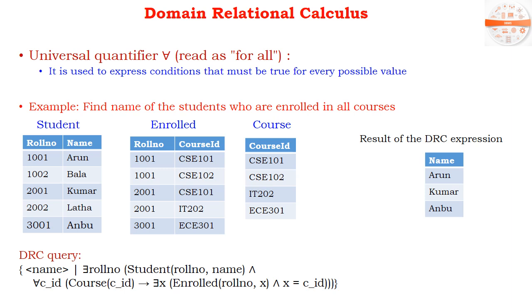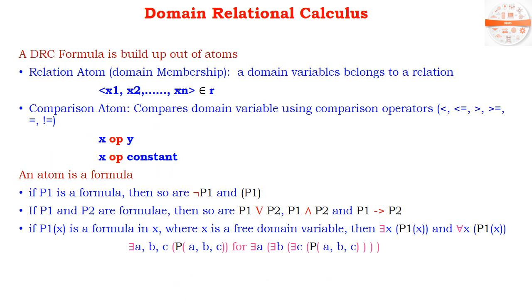Implies the variable X, that is the course ID, is associated with the exist quantifier. So the roll number and X belong to enroll, and X equals CID. Now automatically it will filter, then show the result. For example, Arun and Kumar, so these are the students who are enrolled in all the courses.